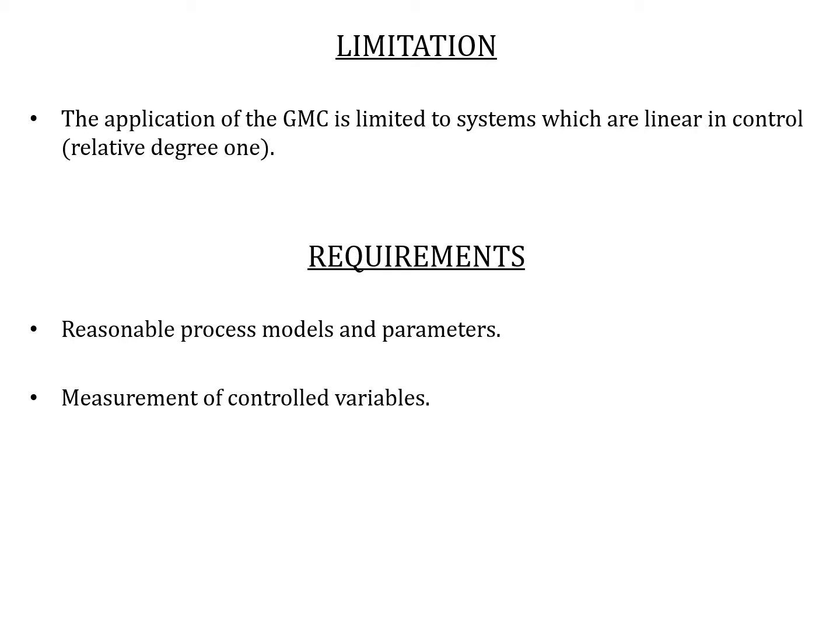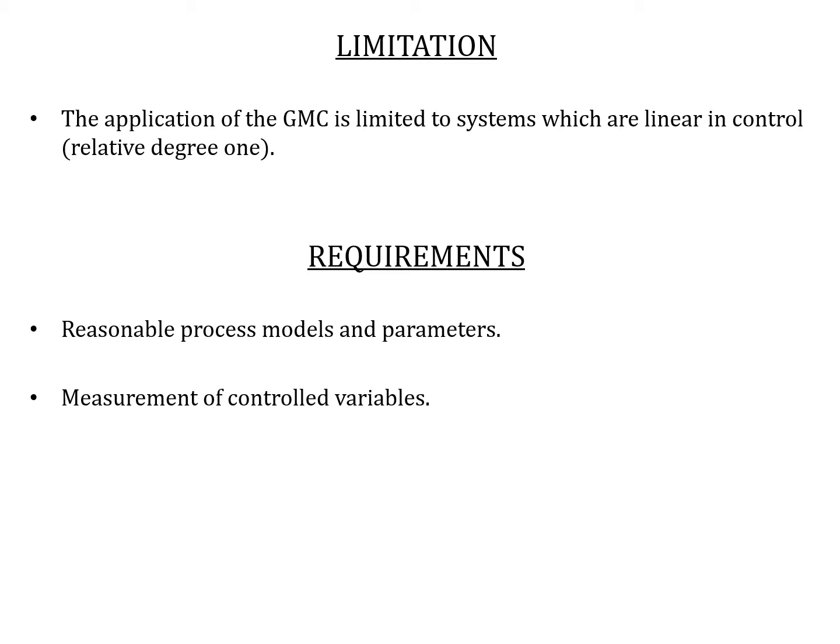And also the requirement, or it can also be said part of the limitation: we need to have a reasonable process model and parameters. A good one, of course, or at least a reasonable one, not totally off and not totally inaccurate, not totally unusable. So it has to be a somehow reasonable process model and parameters that we should be able to use.